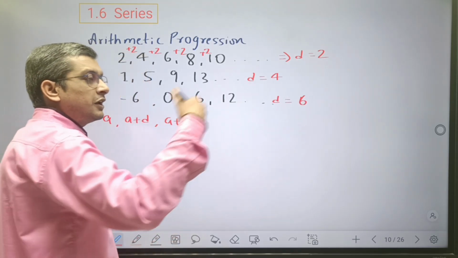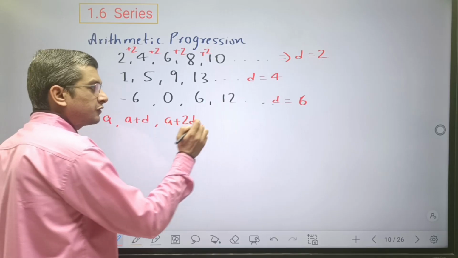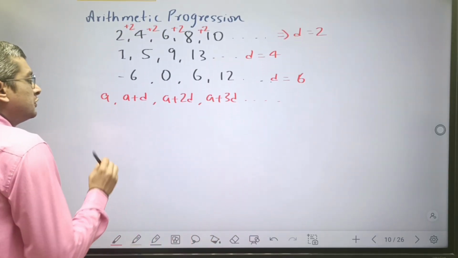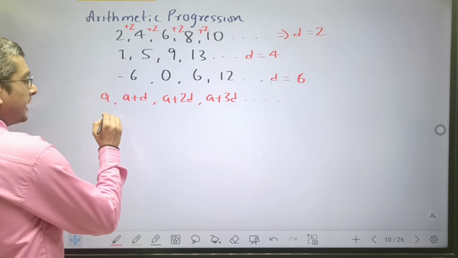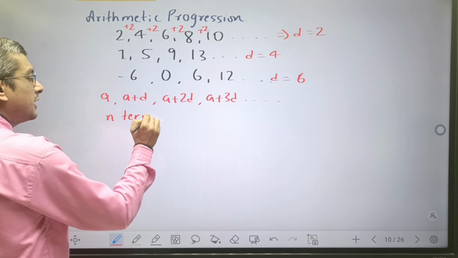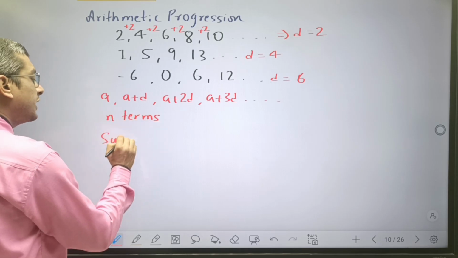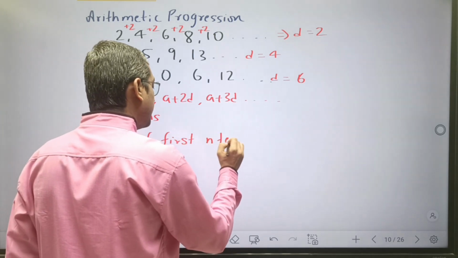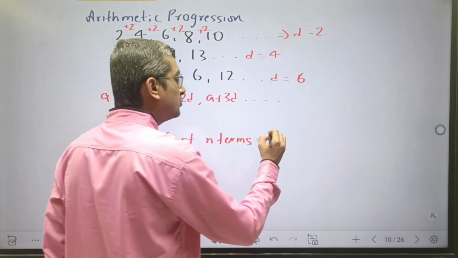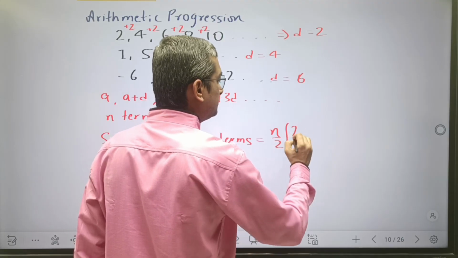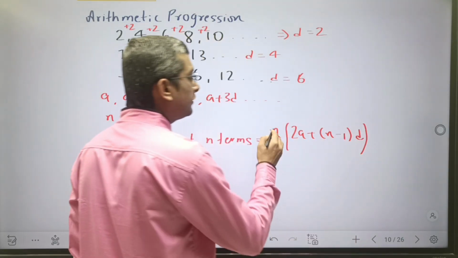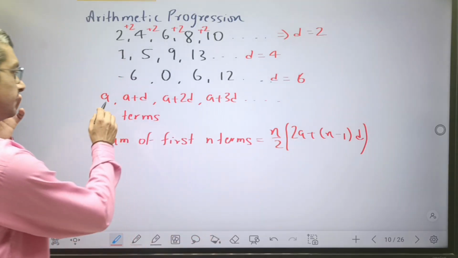Again, to get the next term we add the common difference, so this will become a plus 3d, and so on. Suppose there are n terms, then the sum of the first n terms is given by, this is important, n by 2 times 2a plus n minus 1 times d, where n is the number of terms, a is the first term, d is the common difference.